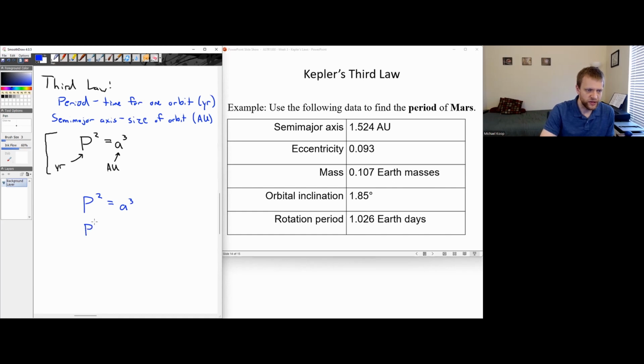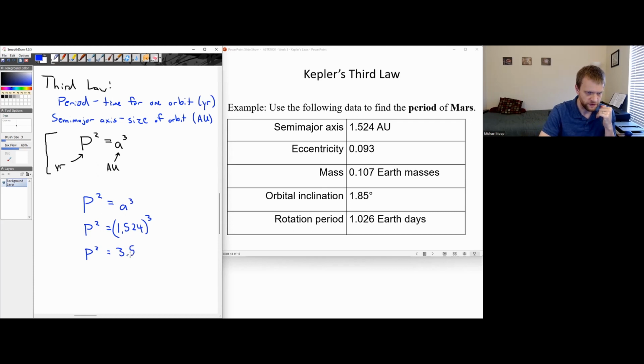We said we know the semi-major axis in astronomical units, so this would be 1.524, and that needs to be cubed. On your calculator, if you plug in 1.524 and cube it, multiplying it by itself three times, I got 3.54.